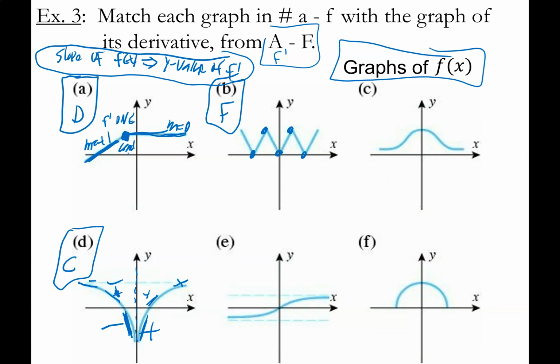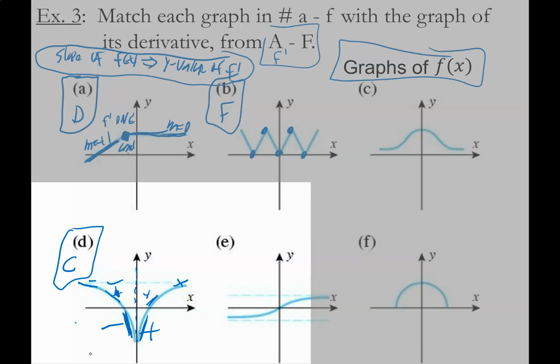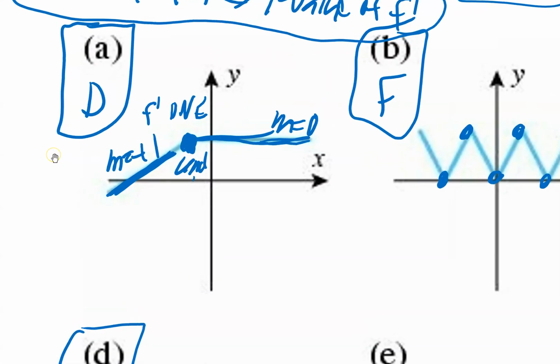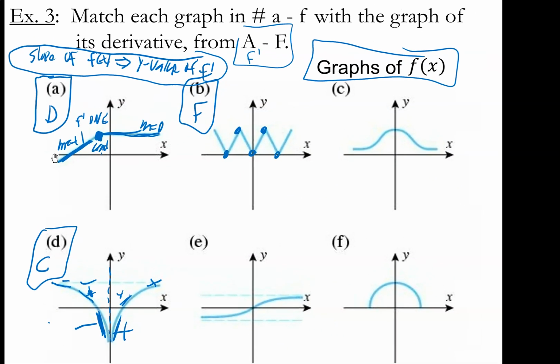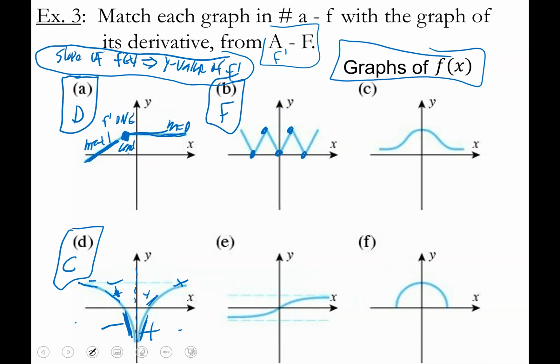Okay, the next one, again, this is just based on my experience of doing these. Here what I see is all of these slopes are all positive.